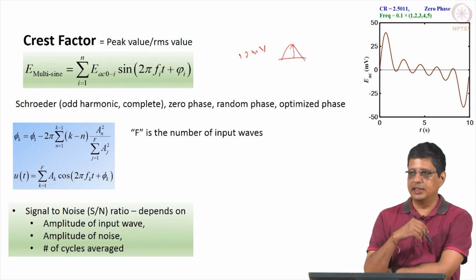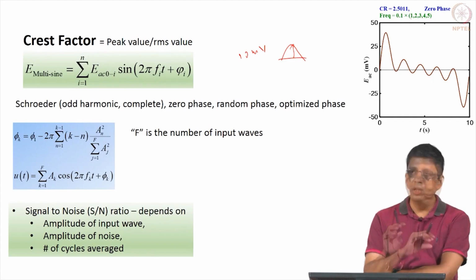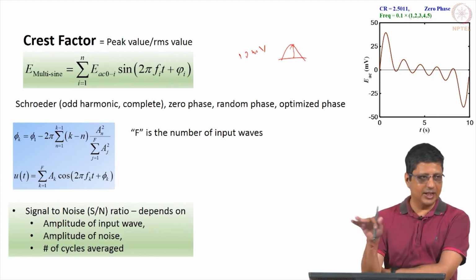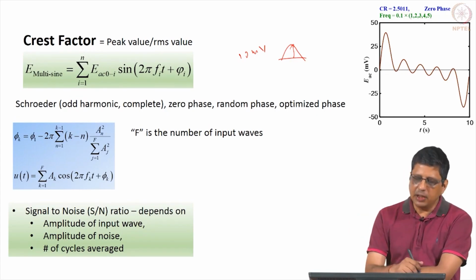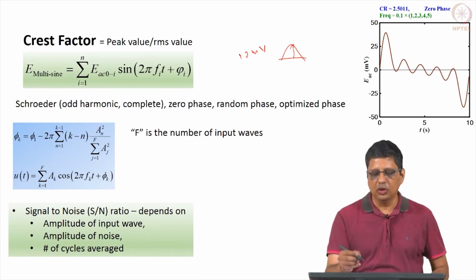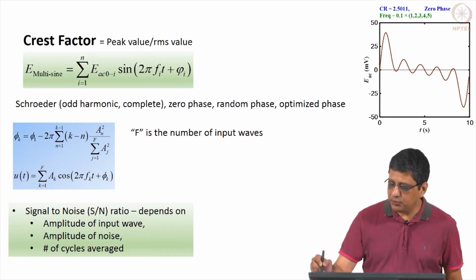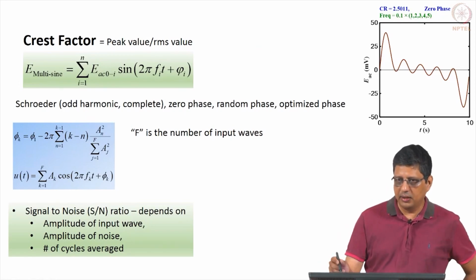The signal to noise ratio at each frequency depends on the amplitude of that input wave at that frequency, and also depends on the amplitude of the noise. If the noise level is high, everywhere you will get poor signal. It also depends on the number of cycles averaged. What do I mean by that? This wave contains 5 waves, correct.